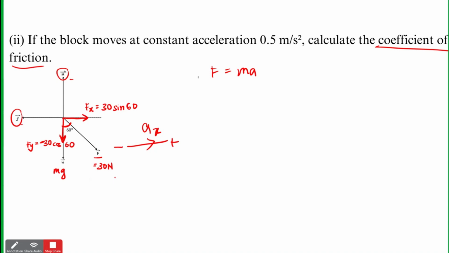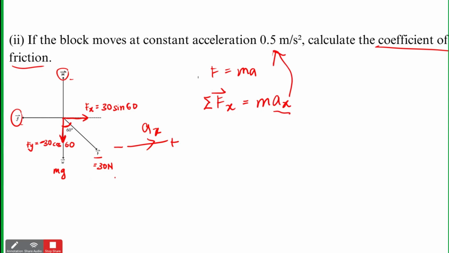Let's look into the x component first. The sum of all forces in the x component equals max, and the acceleration ax is the constant acceleration 0.5 meter per second squared.